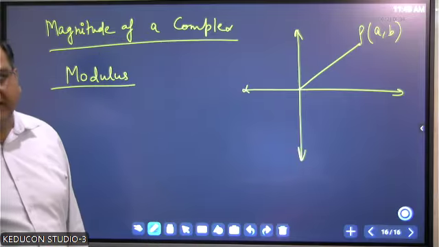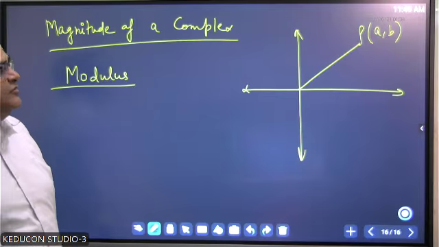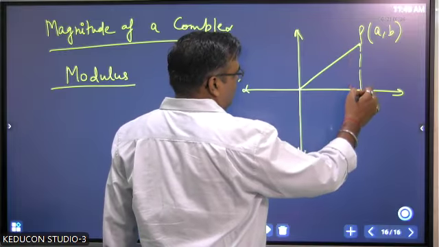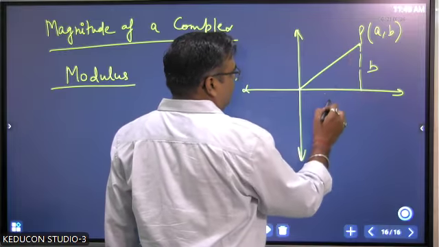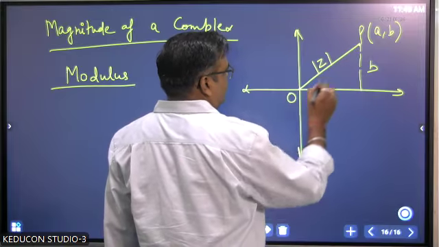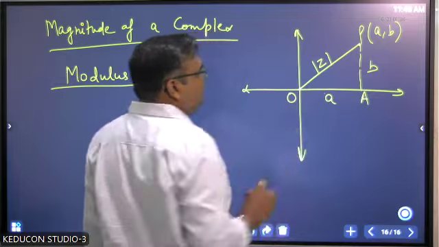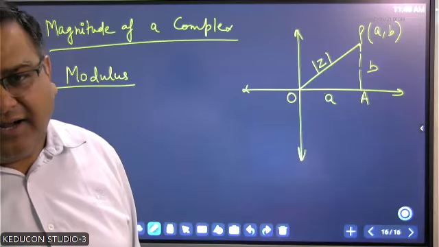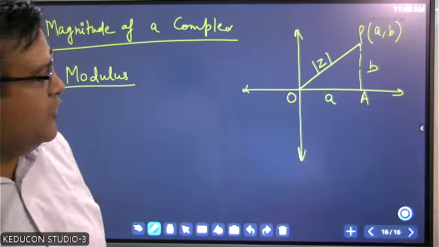Is this clear? Now, if you have to find its modulus or magnitude, this length will be your b, this length is a, and OP is the modulus of the complex number, and it is represented by mod Z.